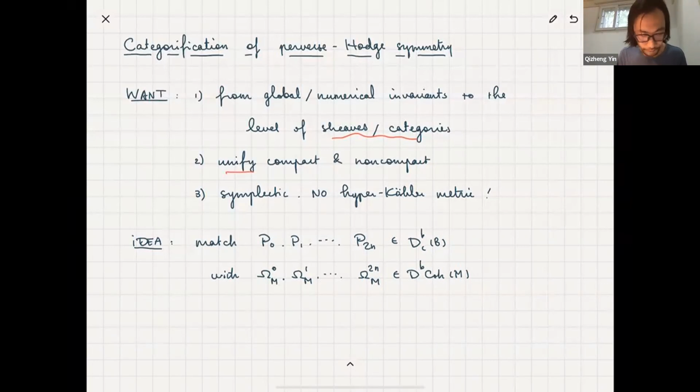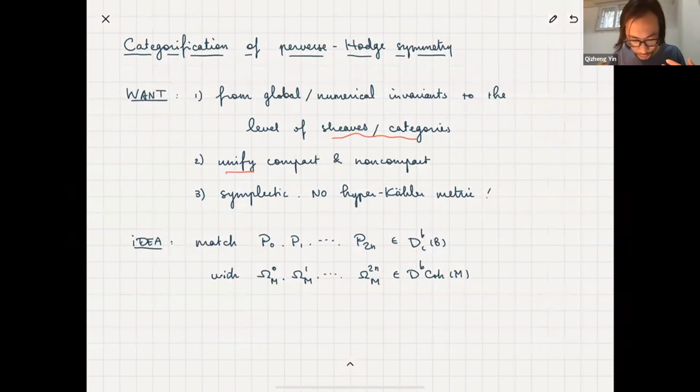And thirdly, and importantly, we want it to be purely algebraic, or in other words, symplectic. So we don't want anything global, anything hyperkähler at all. This is the goal.